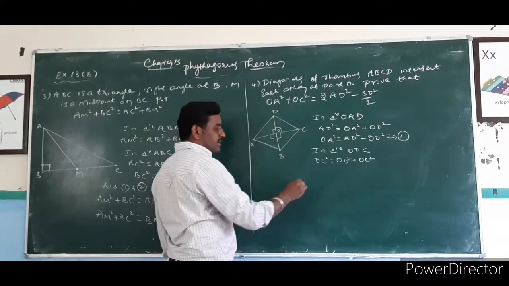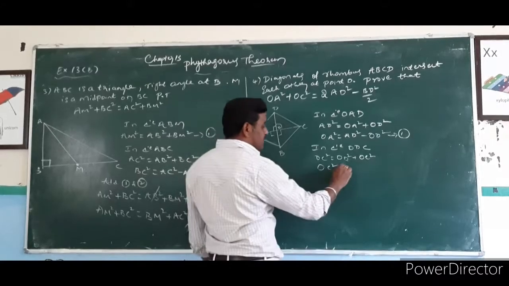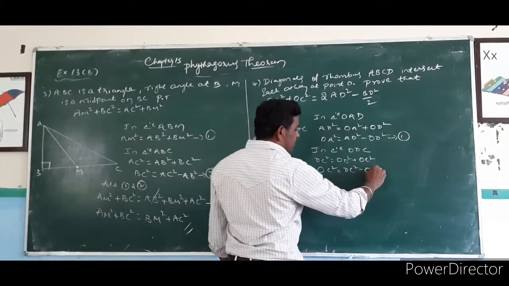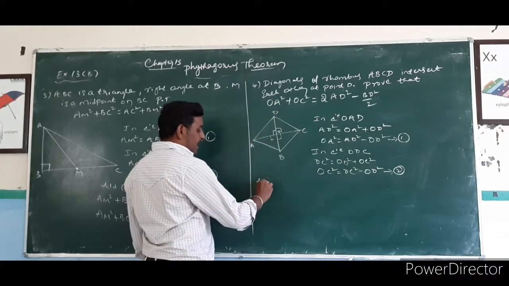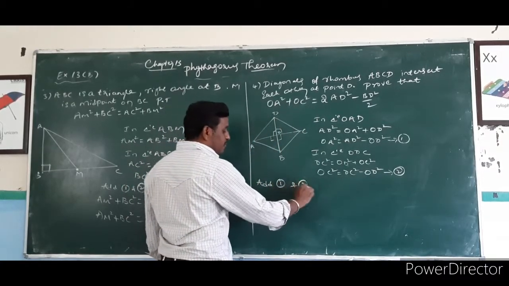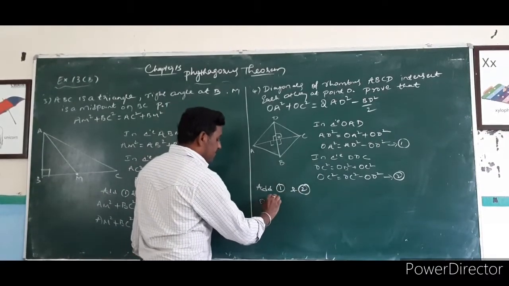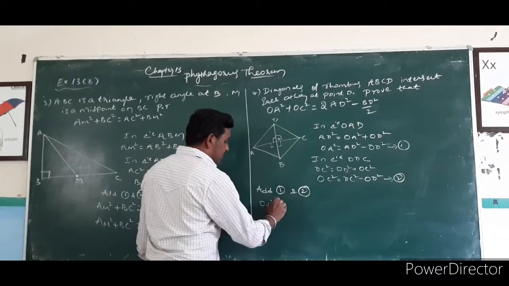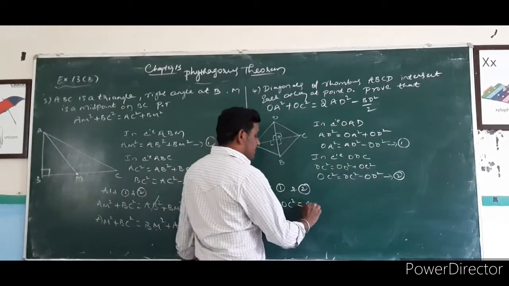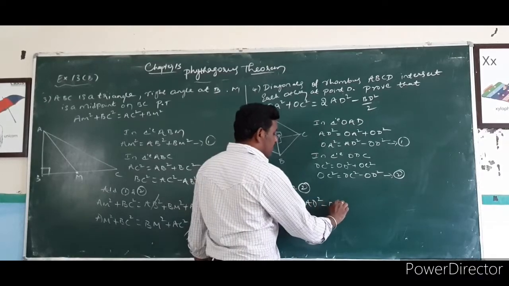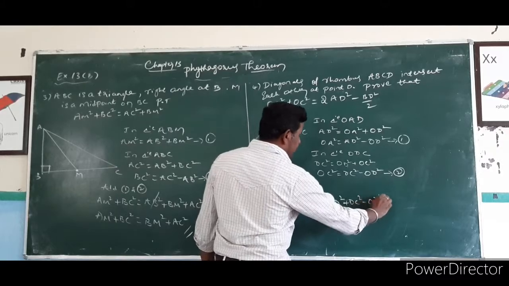But I want OC. OC square you can keep as it is. Shift OD square to this side. DC square minus OD square. This is equation number 2. Add 1 and 2. OA square plus OC square is equal to AD square minus OD square plus DC square minus OD square.